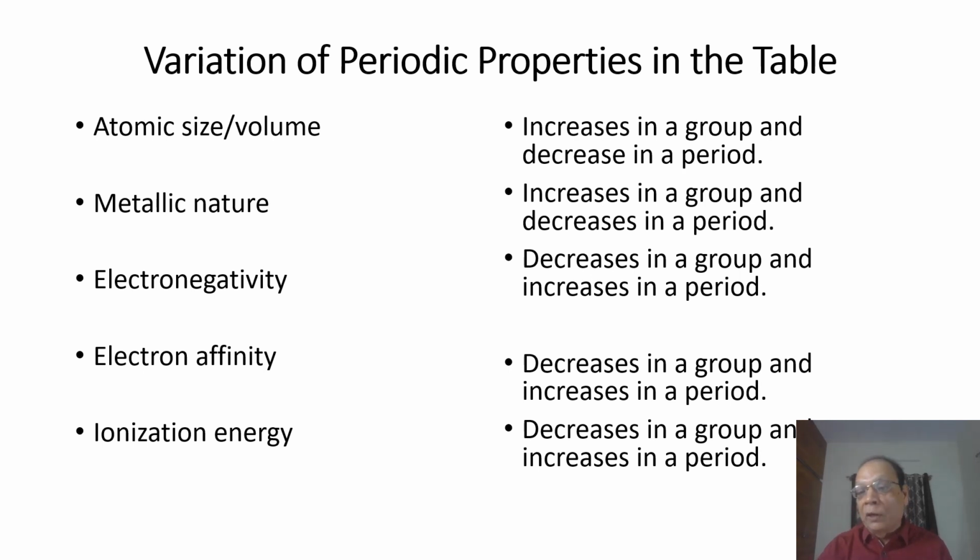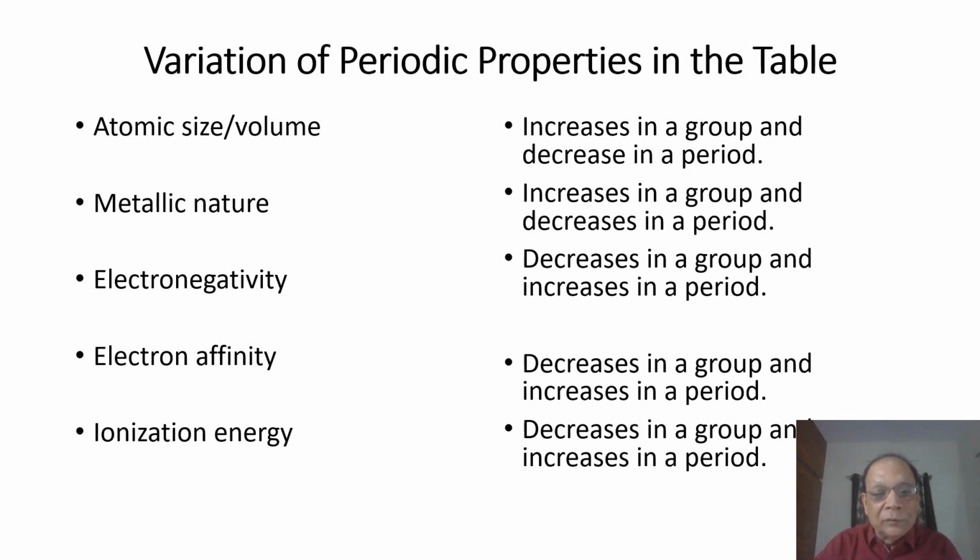Electronegativity, which is the power of an atom bonded to another atom covalently to attract the shared pair of electrons towards itself, decreases in a group from top to bottom and increases in a period from left to right.